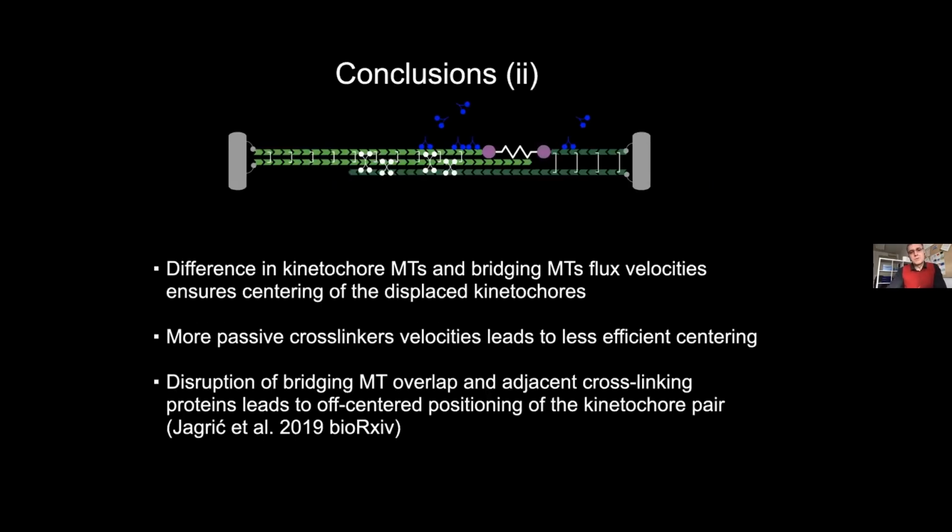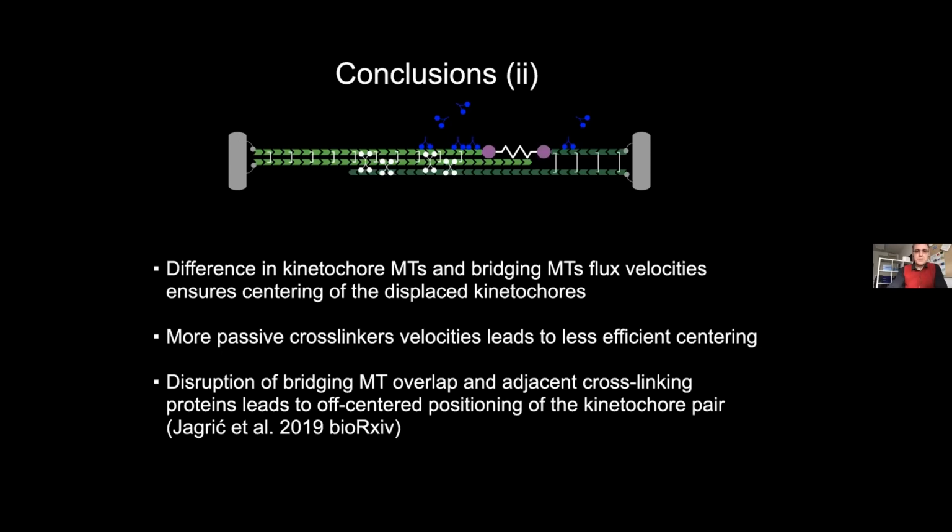So to conclude this part of the talk, I would just repeat what I have shown before. We have shown that kinetochore fibers and bridging fibers are fluxing with different velocities, and because of this difference in their velocities, they constitute a centering mechanism.